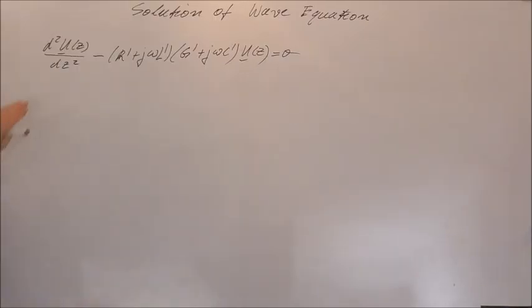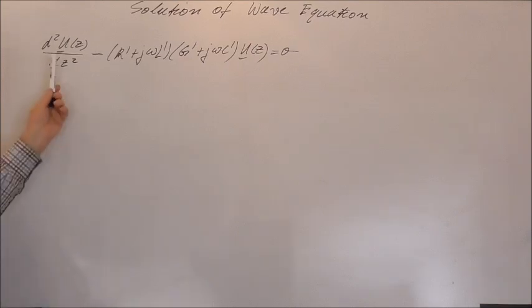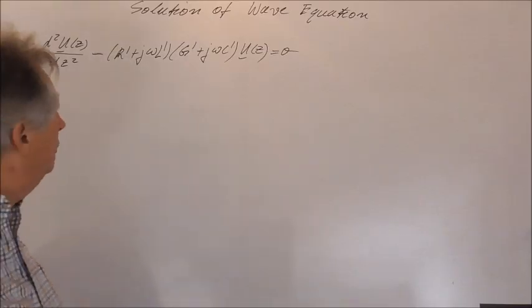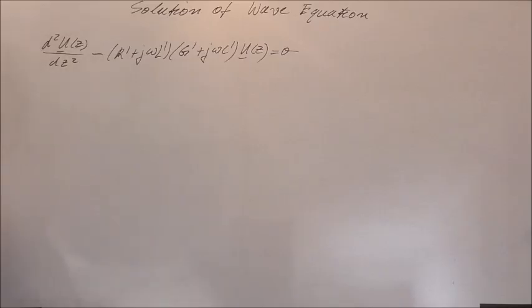Up to now we found that the voltage function must fulfill this differential equation, and to solve this differential equation it's the easiest way to talk with a mathematician, and a mathematician would suggest that we try to use the exponential function.